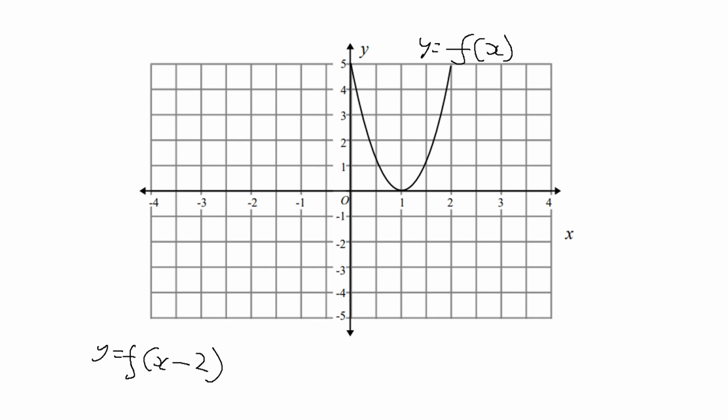Now you might be thinking, okay, because it's minus 2, we're going to move it left. No. This one we're going to do the other way around. The reason for that is a bit tricky to explain. If you want, I can explain in a video in the future.